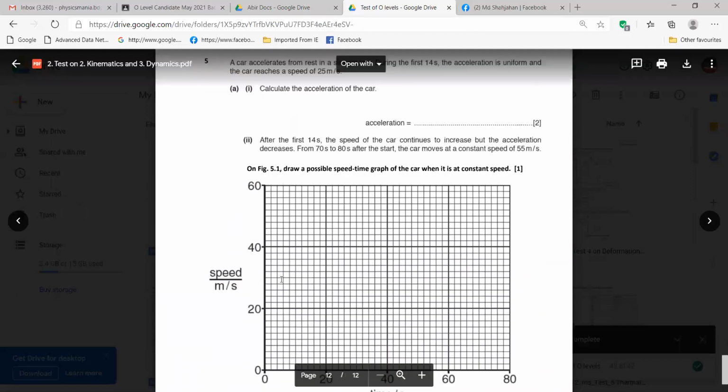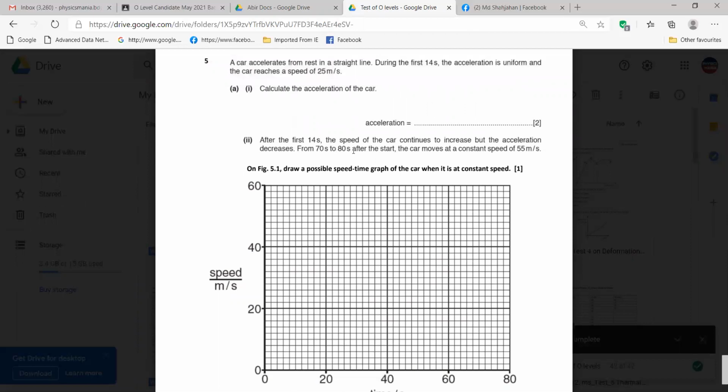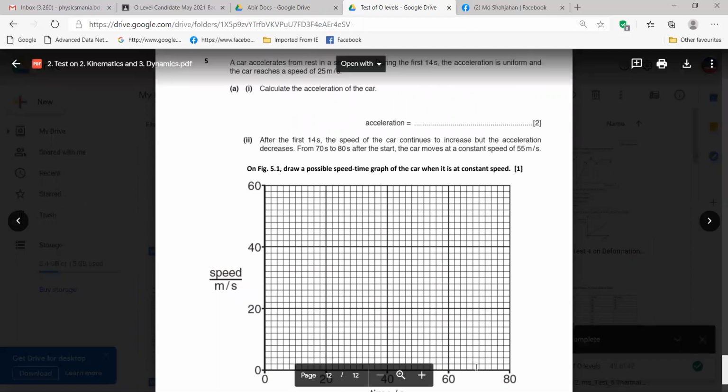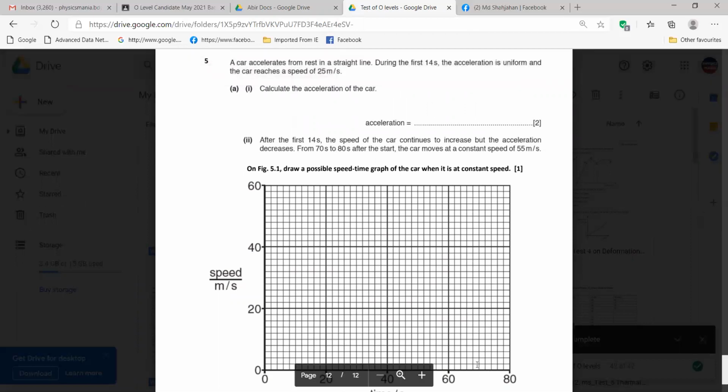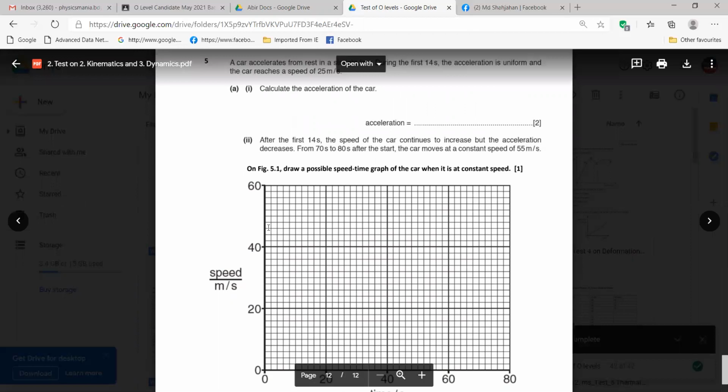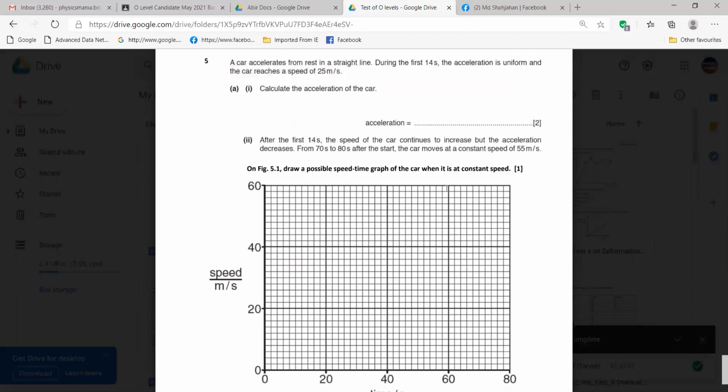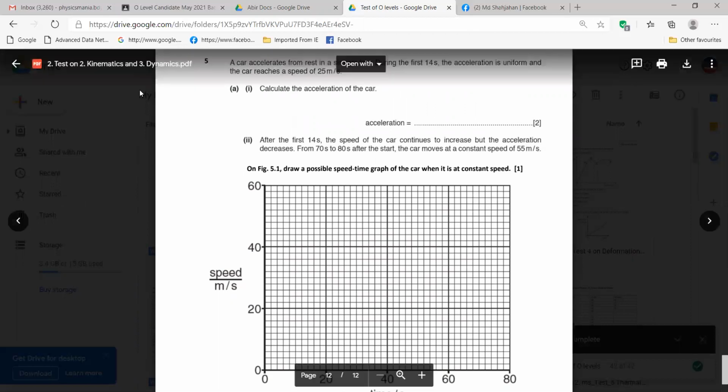Here you see from 70 to 80 seconds. So you wrote here 75. It should be 70. And here it's written the constant speed is 55, but you wrote 57. Other things are fine. What you have to do, you correct here 55.